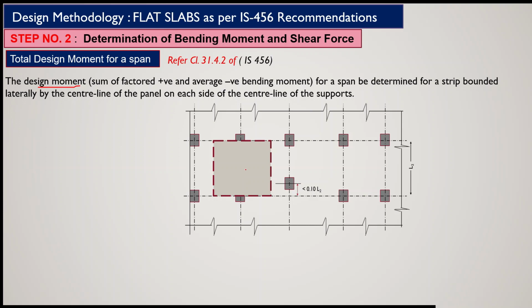Now you can easily see here that this rectangular strip consists of column strip plus half of middle strip on both sides. So you have to keep in mind that in this step we will be calculating total design moment for this portion, which will later on be distributed to negative as well as positive bending moment.